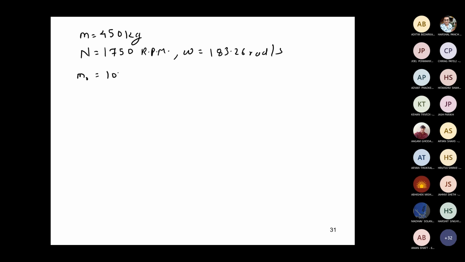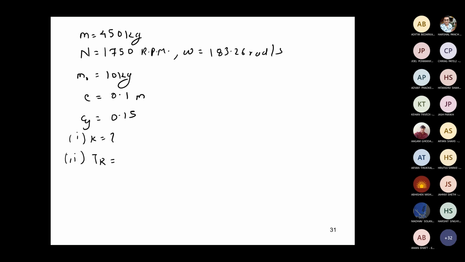Reciprocating unbalance is 10 kg. We haven't solved any problems on reciprocating imbalance, but indirectly you will come across this type of question. Eccentricity, crank radius, is 0.1. Damping is 0.15. You have to find stiffness and transmissibility.